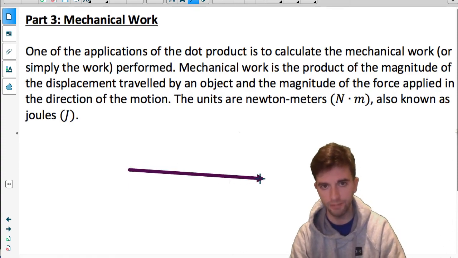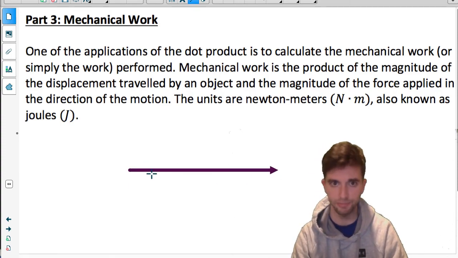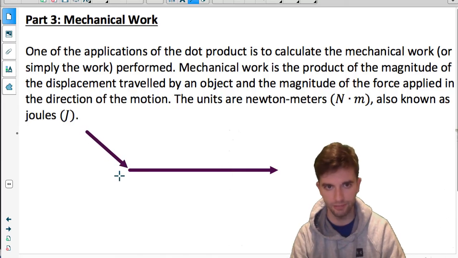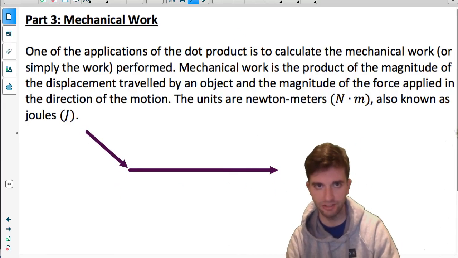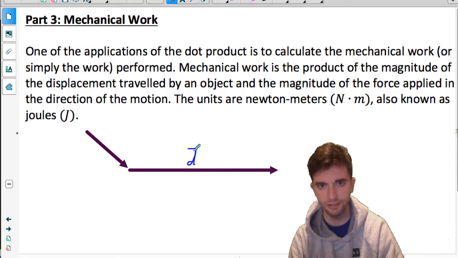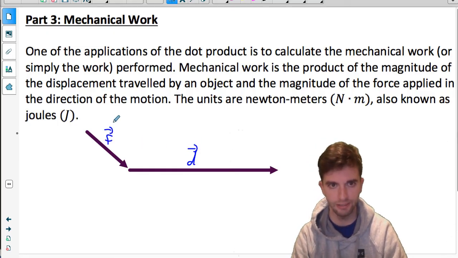So I have an object moving, that's my displacement vector, and I applied some force to that object to get it to move that distance. So I'll call this my displacement vector, and I'll call this my force vector.